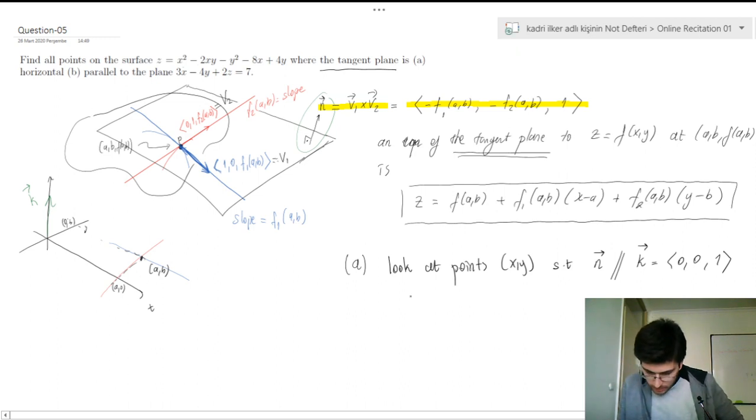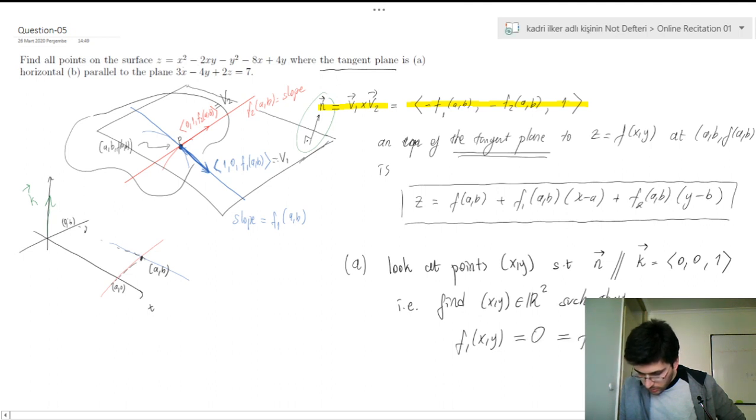Then that means we should find xy in R2 such that the first component, f1 xy, should be 0, and also this should be 0.